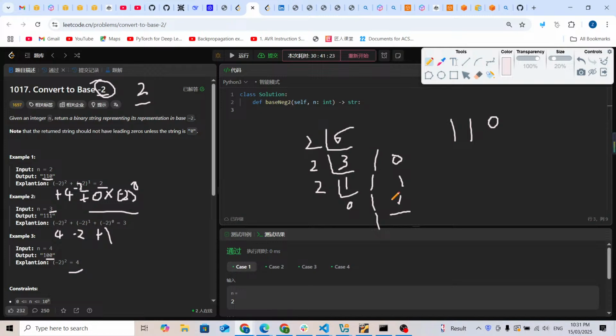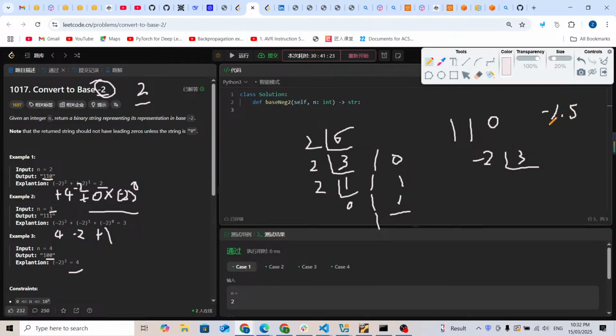Now let's try the negative calculation. What if it is a negative value? We're going to use the second example. If it is 3 divided by -2, what's going to happen? First of all, we need to check the result. 3 divided by -2, normally it's going to be -1.5, right?